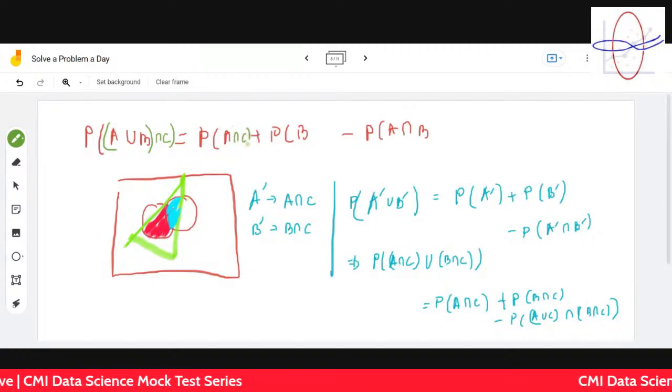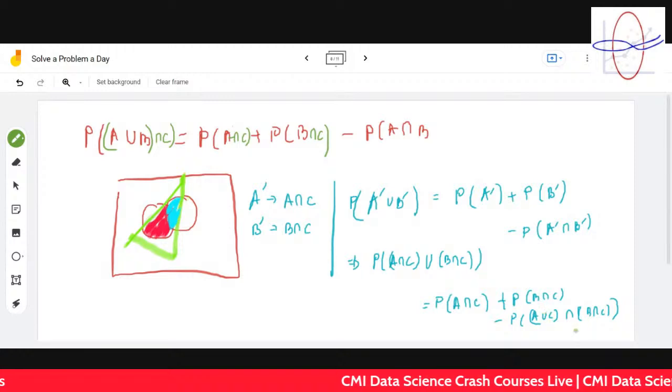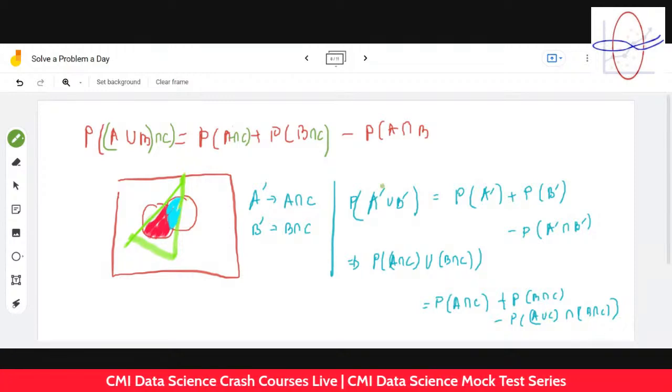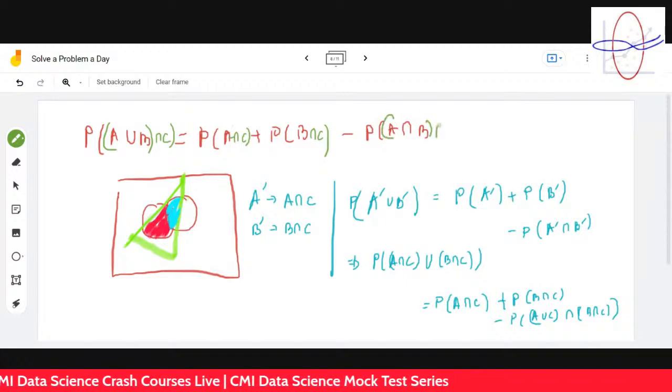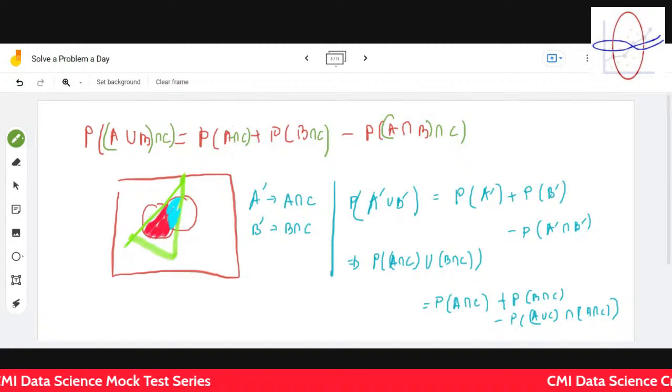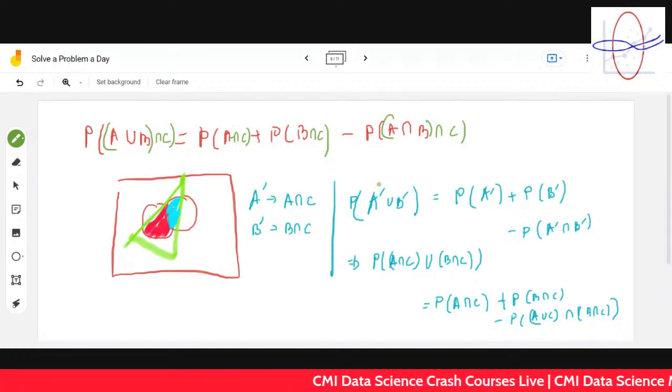Similarly, here also it's an intersection, A intersection B intersection C, because of the commutative and distributive properties of binary set operations like union and intersection.